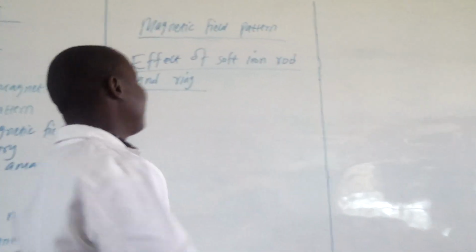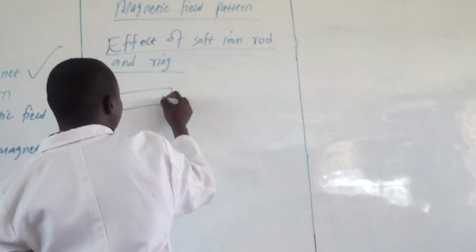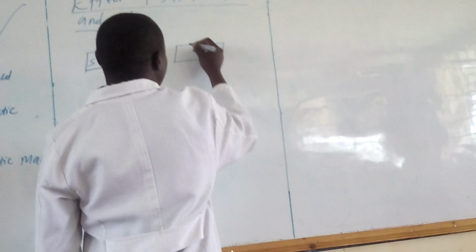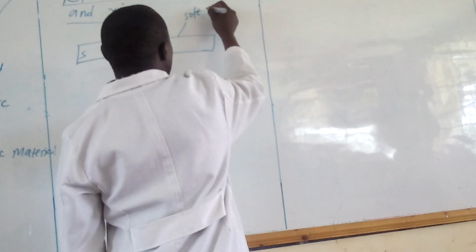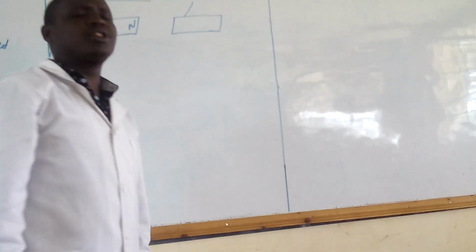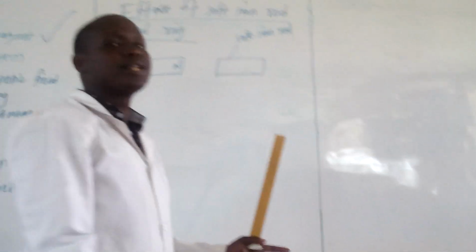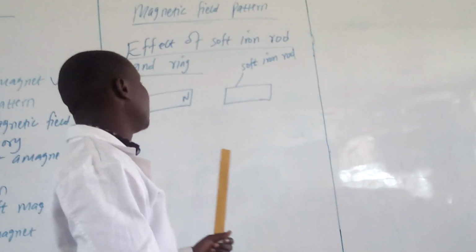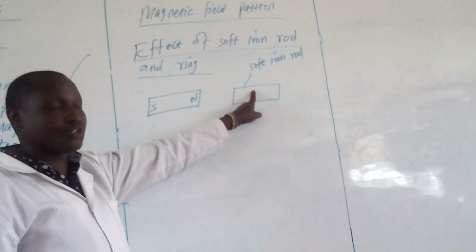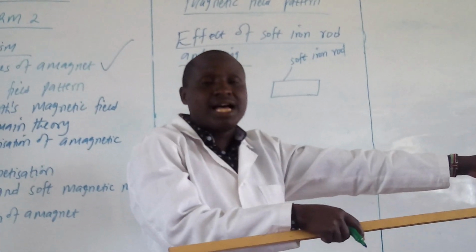For example, if we have a bar magnet, with this one the north pole and this one the south pole, and we have a soft iron rod here. First of all, what do you know about the soft iron rod? It is a magnetic material, which means it will be attracted by the magnet. So this north pole will attract the soft iron rod, and all the magnetic field lines will be directed towards the soft iron.